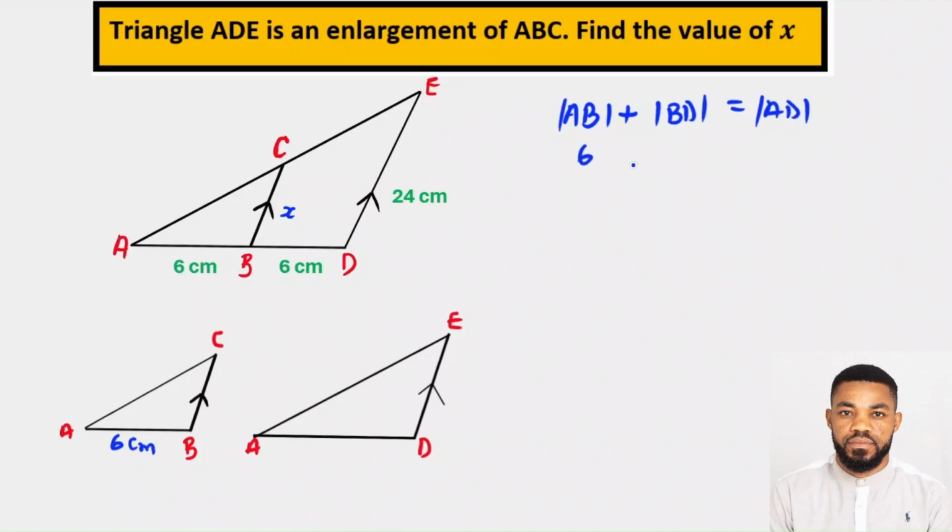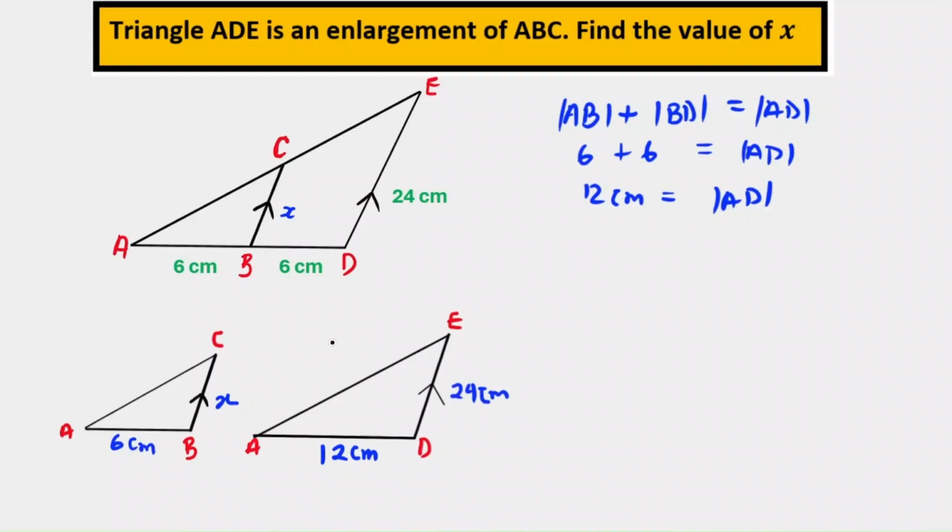So that's 6 plus 6, which is 12 centimeters. So AD is equal to 12 centimeters. We also have BC to be x, that is here, and DE, or ED, to be 24 centimeters. So this side is going to be 24 centimeters.